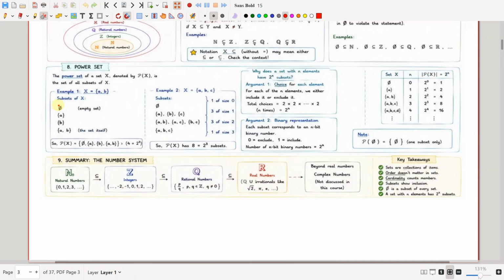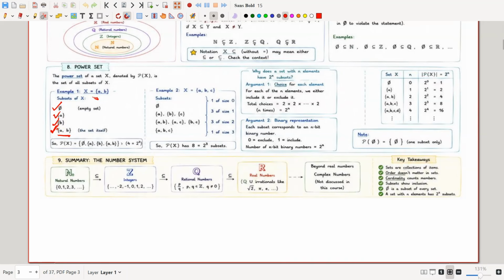The empty set is a subset of every set, right? So the first subset for all sets will be the empty set. Then I'll have the first letter alone as one set, {a}, then the second letter alone as another set, {b}, then both of them together. The set itself will also be its subset, right?